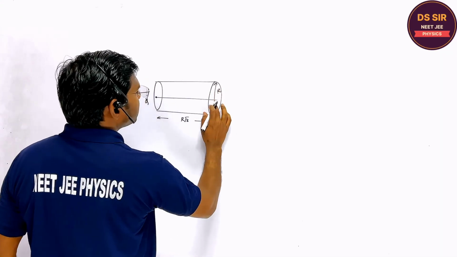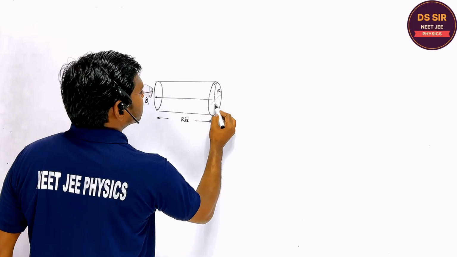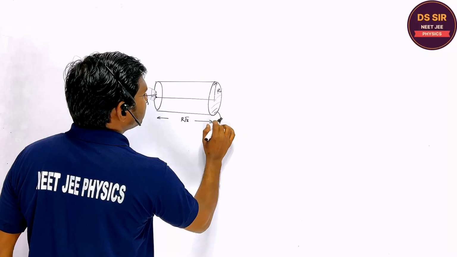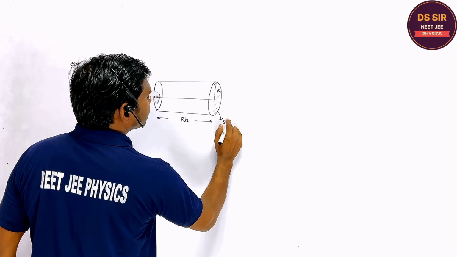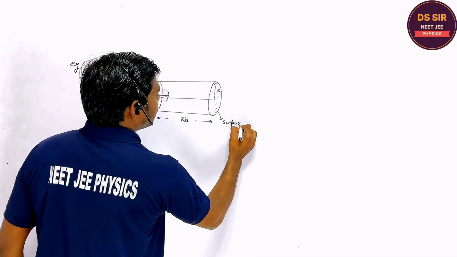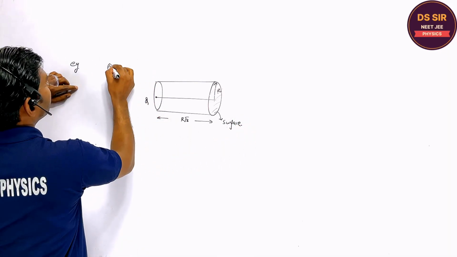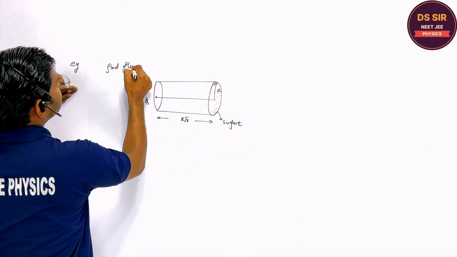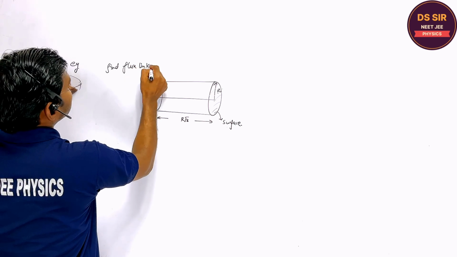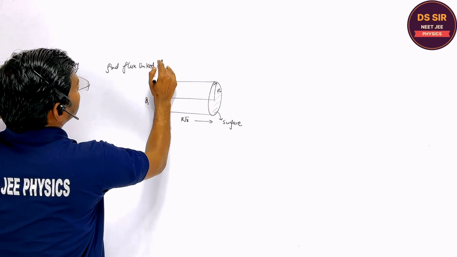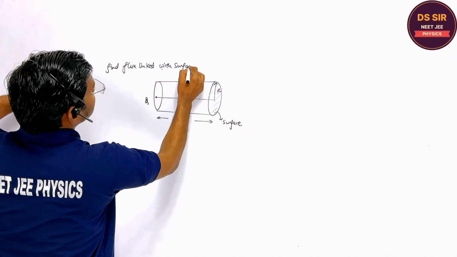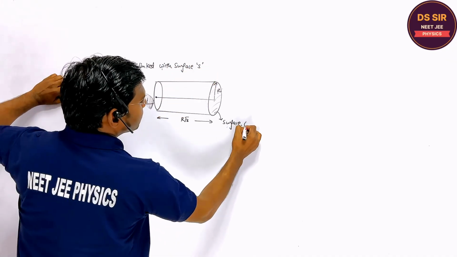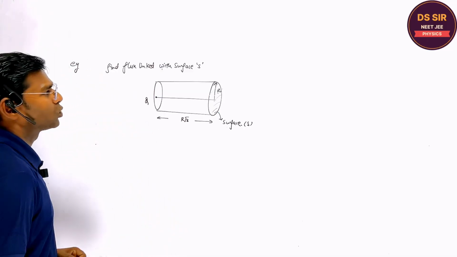So if this is the surface, this is the surface S, right? Find the flux linked with surface S, right? This is the surface S. So this is the question.